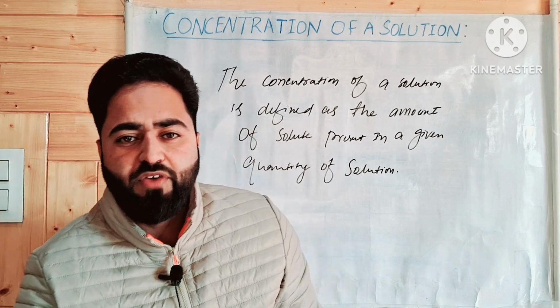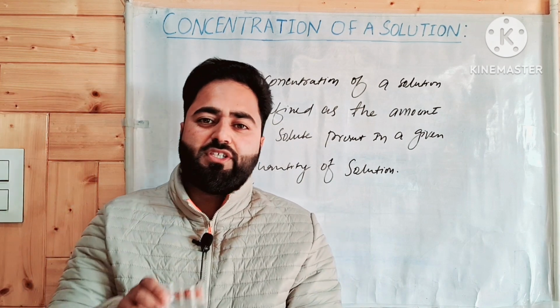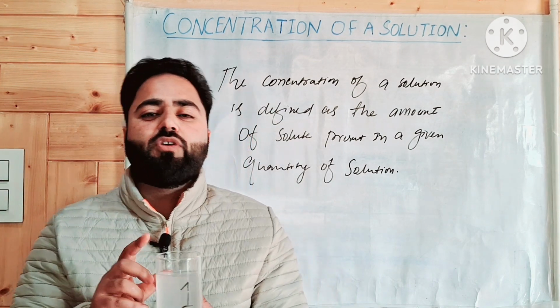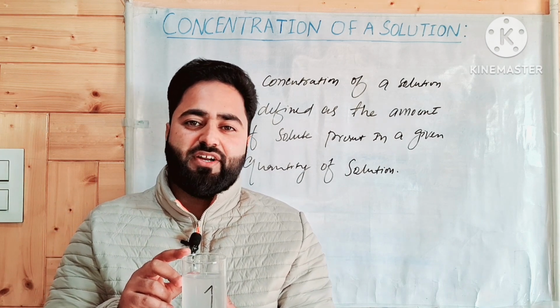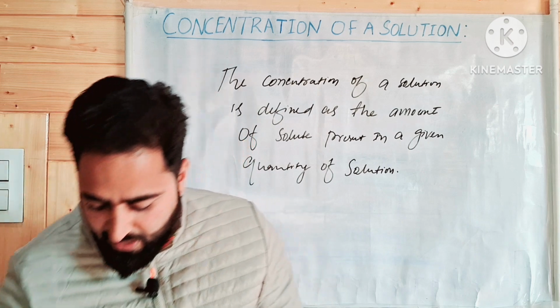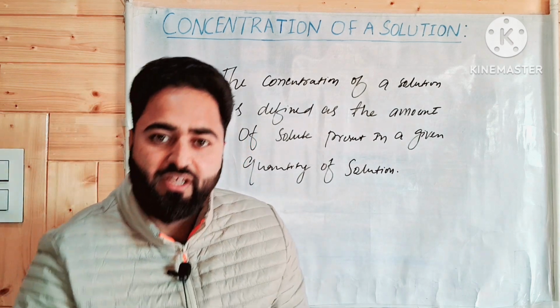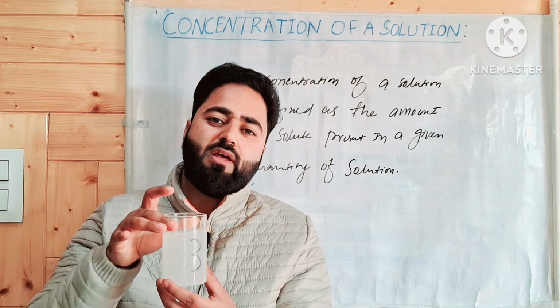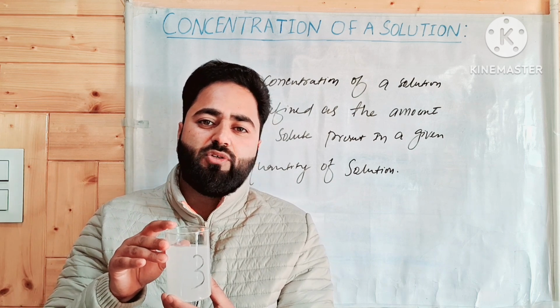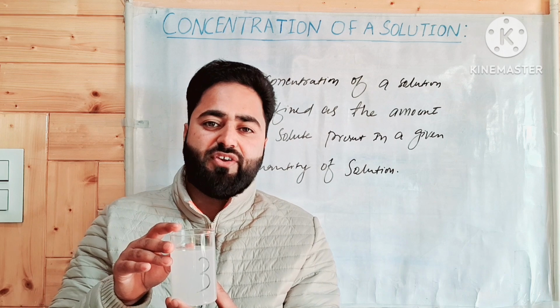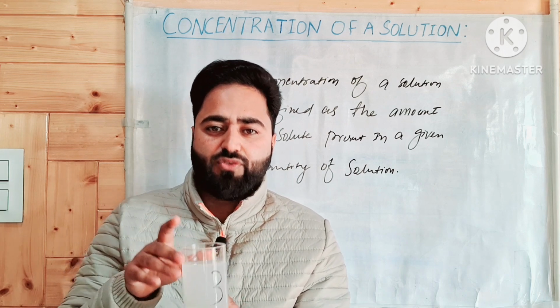So if we consider the first glass, we have a small amount of solute dissolved in it, so it has the least concentration. And if we consider the third glass, we have the maximum amount of glucose powder dissolved in it, so it is highly concentrated as compared to the first solution.